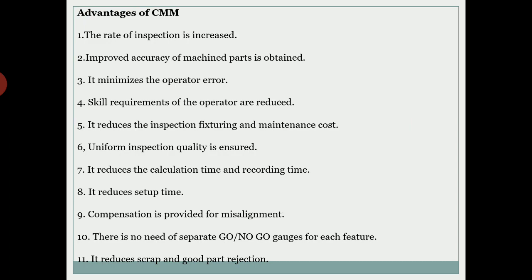It reduces the calculation time and recording time. It reduces setup time. Compensation is provided for misalignment. There is no need for separate go or no go gauges for each feature. It reduces scrap and good part rejection. These are the advantages of CMM.